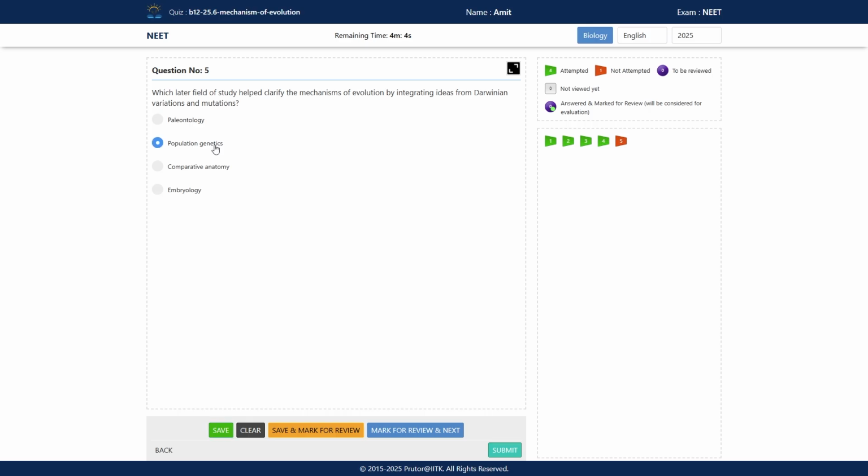Okay, the correct answer is population genetics. So this helped clarify the mechanism of evolution by integrating ideas from Darwinian variations and mutations.